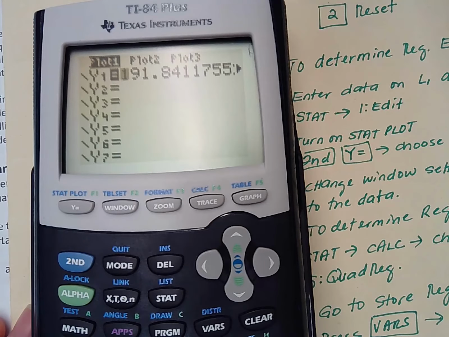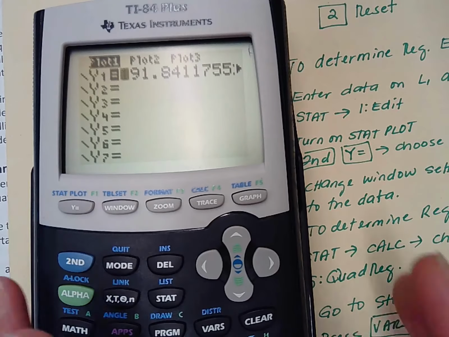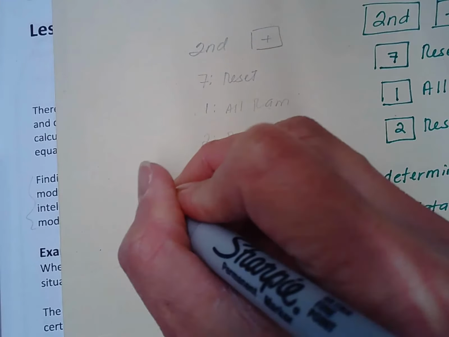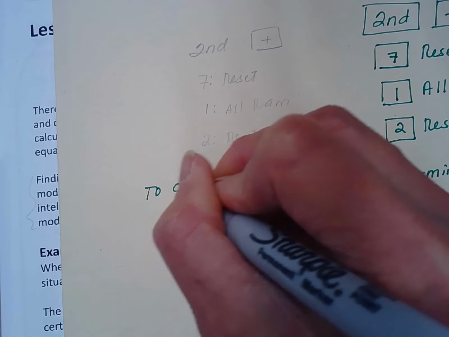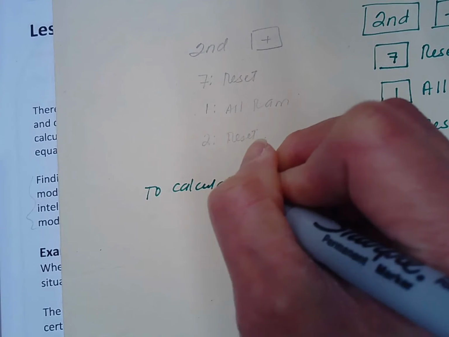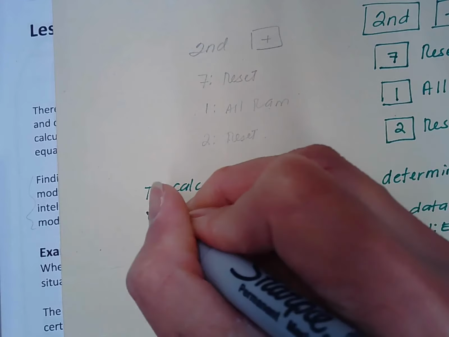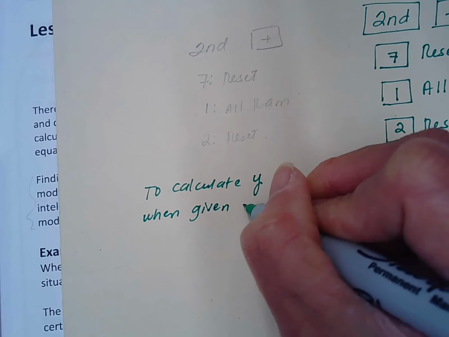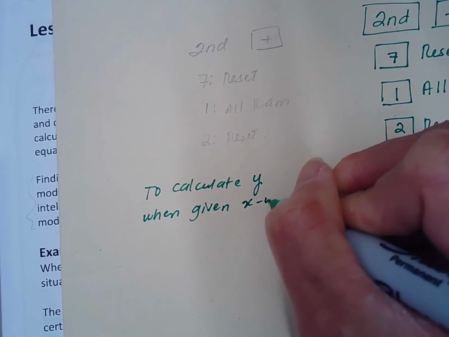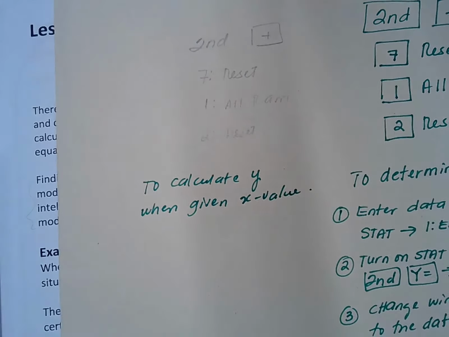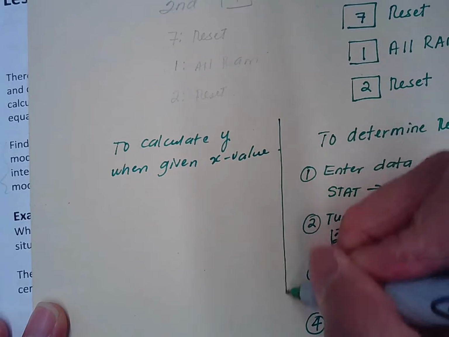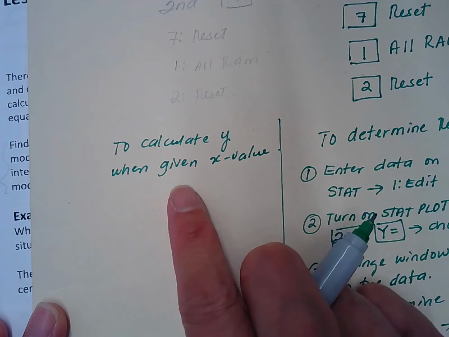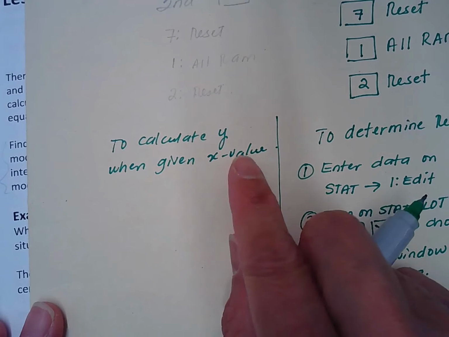Okay, so let's write this down first. To calculate y when given an x value. So how do we calculate the y value when we're given x?